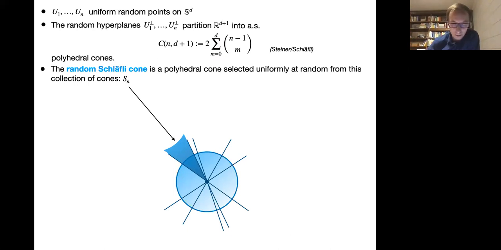And to honor the work of Schläfli, the Swiss mathematician, this random cone is called the Schläfli cone, or the random Schläfli cone. And in this talk, this random Schläfli cone will be denoted by S_n. It's just one of these random cones selected uniformly among the collection of all random cones. And this is the random Schläfli cone. And that's the object we would like to study.